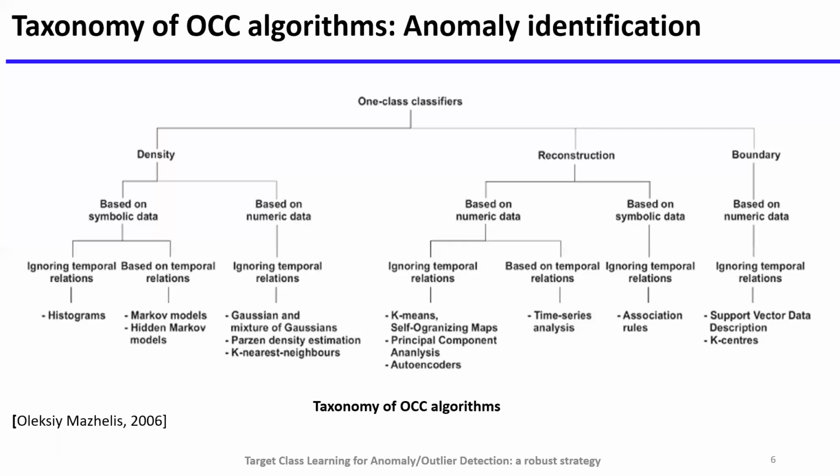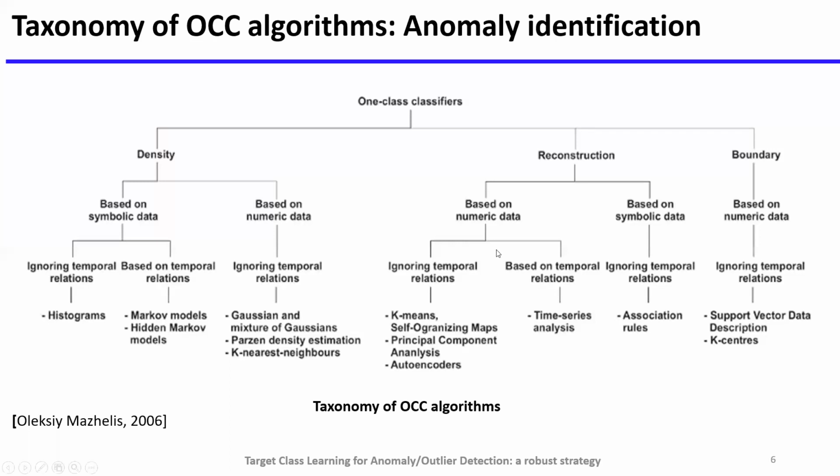If you are able to reconstruct the sample very efficiently, that means it belongs to the target class. If you are not able to reconstruct the sample efficiently, then we surely say that the incoming sample is the anomalous one.